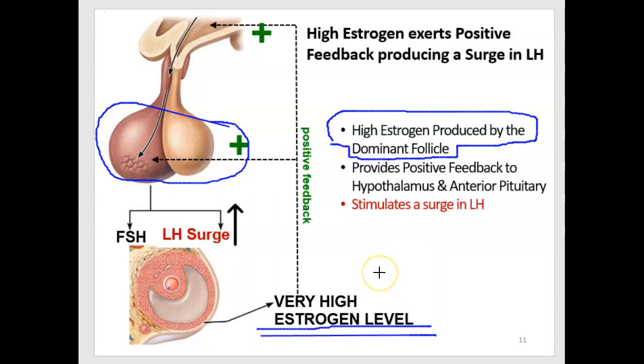When it's just a mediocre level of estrogen, we get negative feedback. So the end result of producing a dominant follicle is lots of estrogen production and positive feedback on the pituitary to make it increase lots of luteinizing hormone.